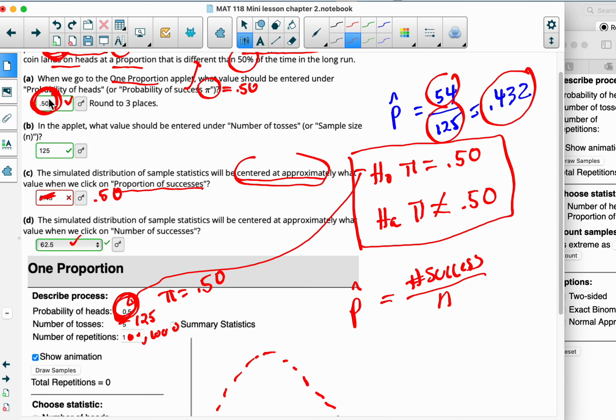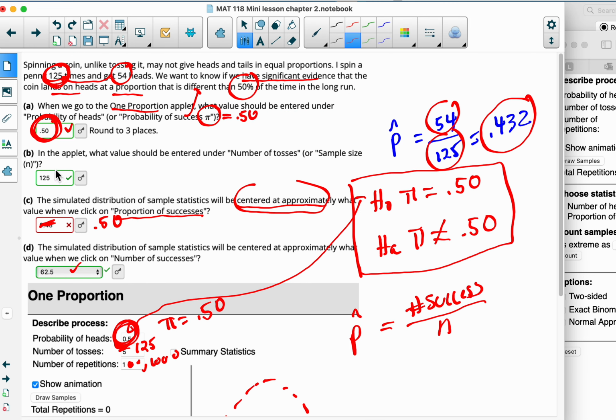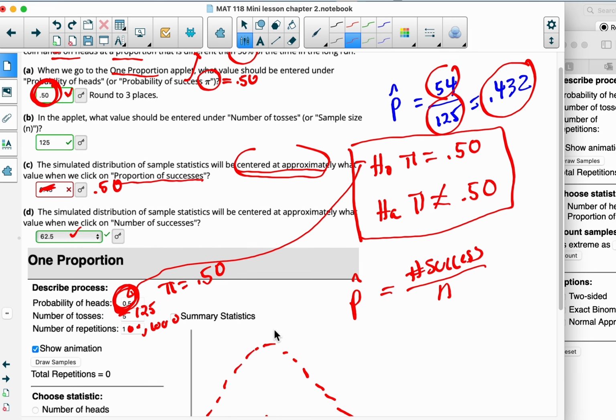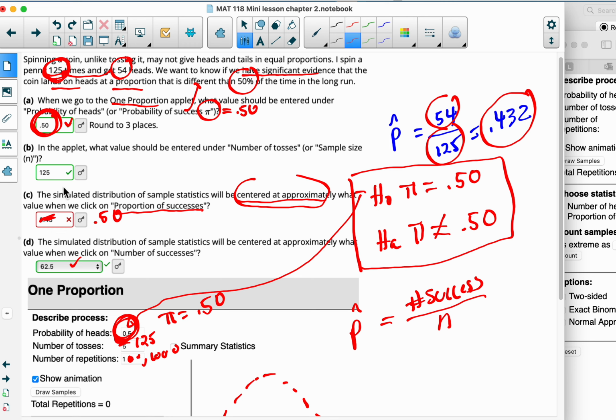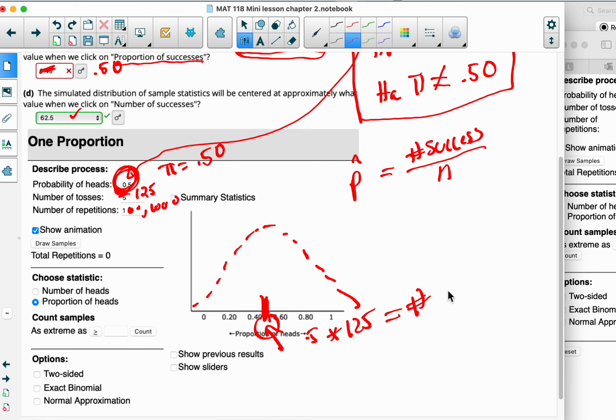So if I want to find where this center is when I switch to number of heads, I would simply take 125 times 0.5, which is equal to 62.5. If this center is at 0.5, I want to multiply it by n to give me approximately what the number of heads, or number of successes, would be, which would be 62.5.